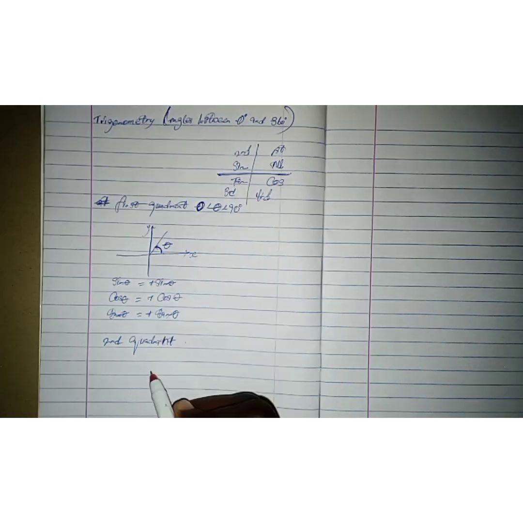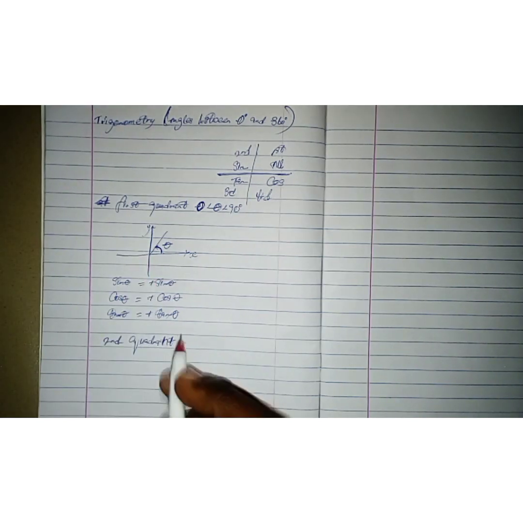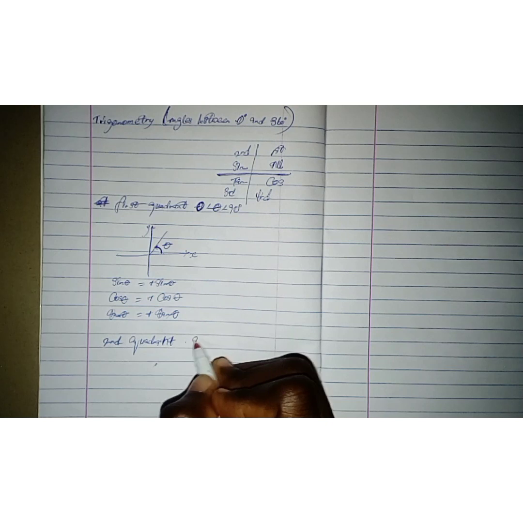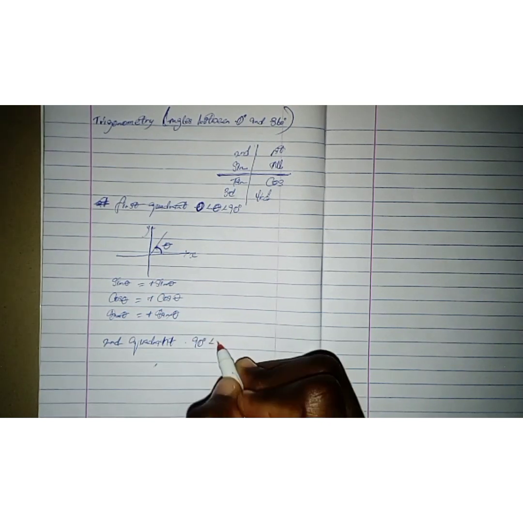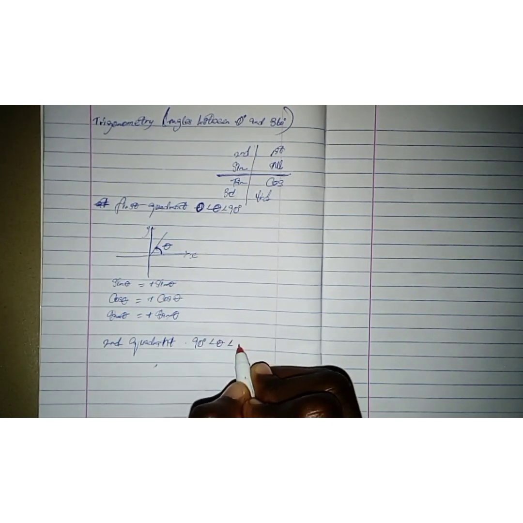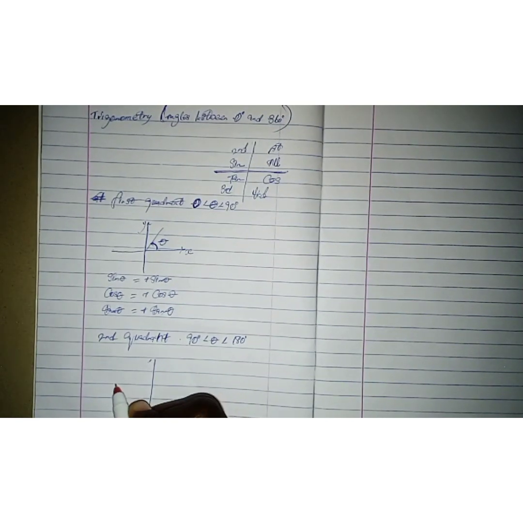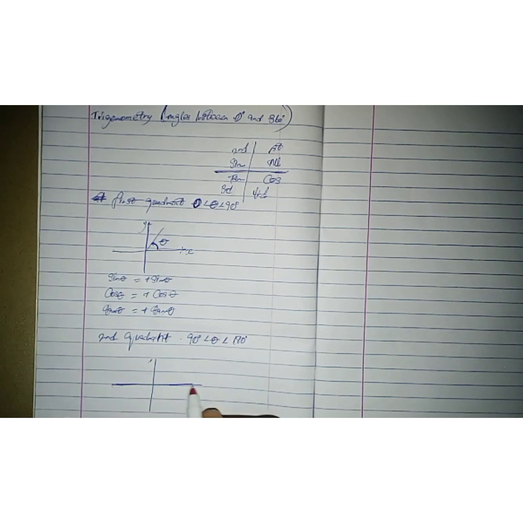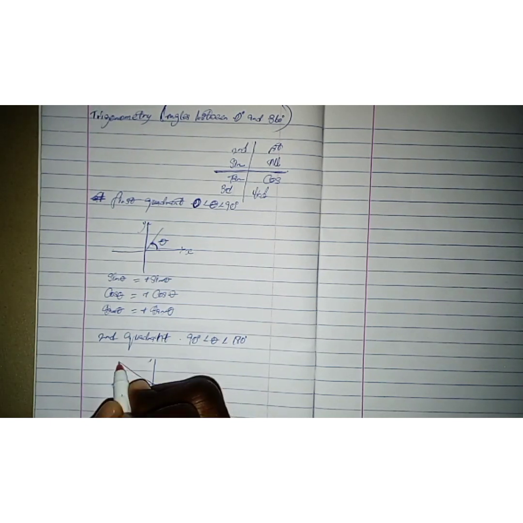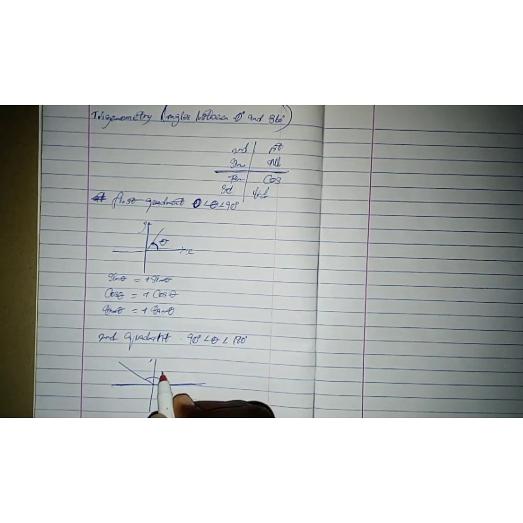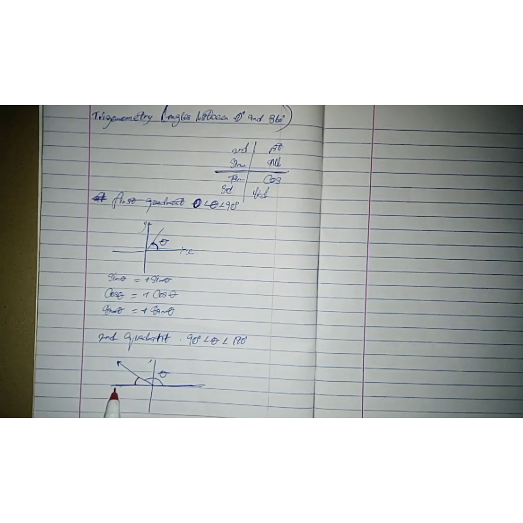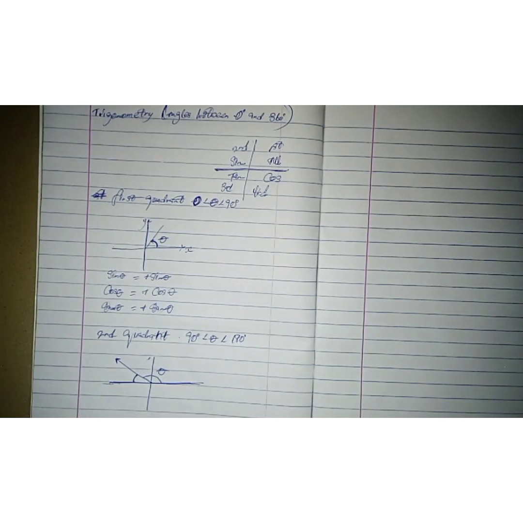At the second quadrant, you should know that 90 degrees is less than theta, and theta is less than 180 degrees, just as this. This is theta, and this is the angle subtended at the horizontal.